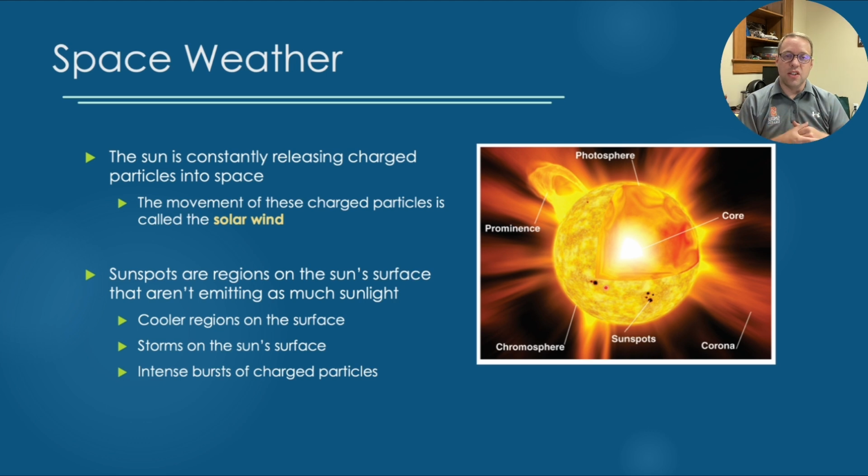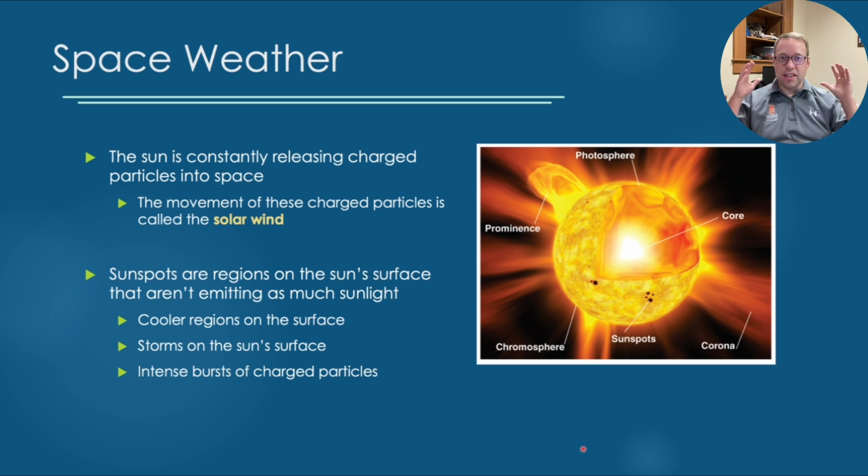As a result of these disturbances, the temperature is actually a little bit cooler. And remember from earlier in chapter 2, we saw that the amount of energy that's released depends on the temperature. Since the temperature in these regions is a little bit cooler, they don't emit as much energy, so they are not as bright.